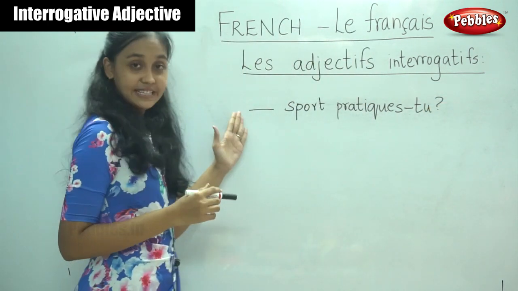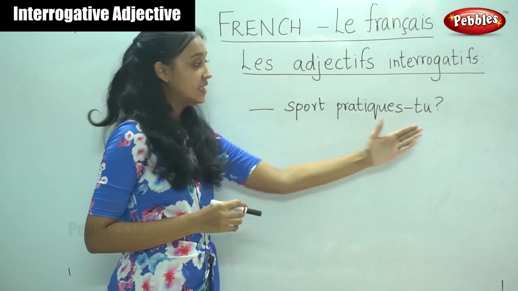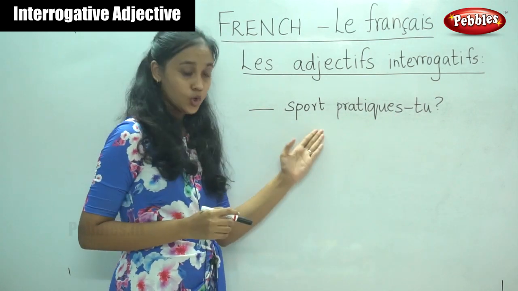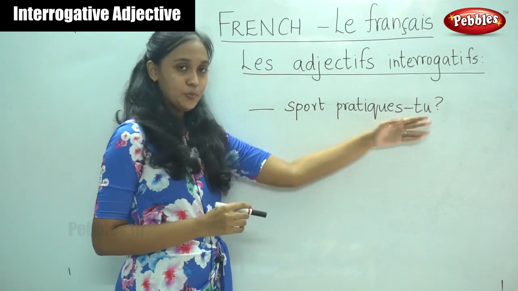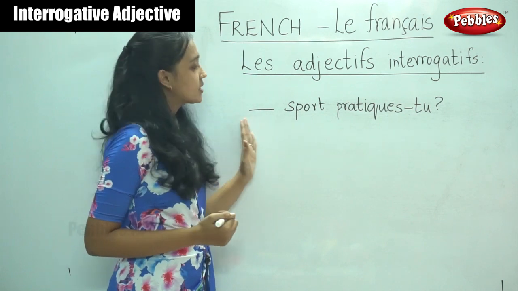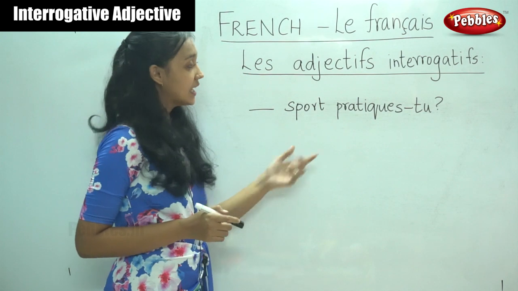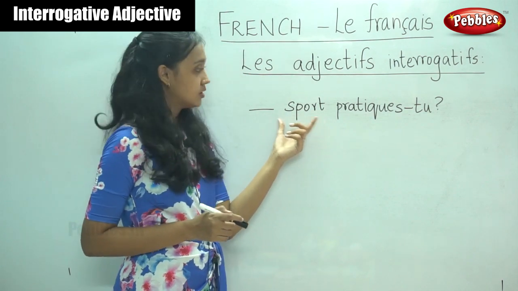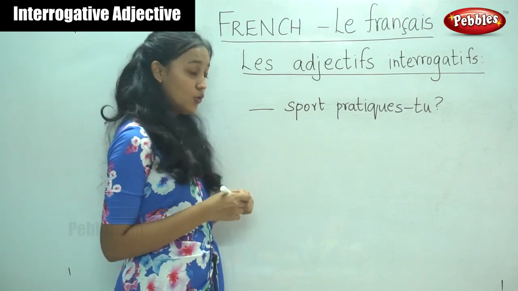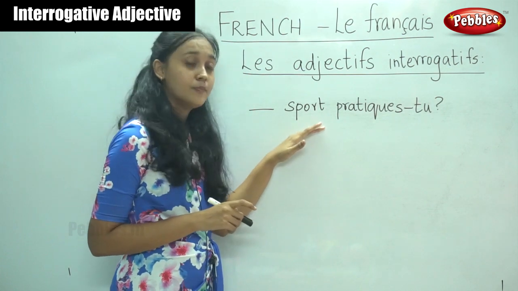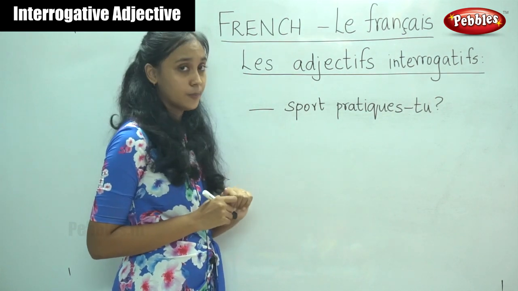So, dash sport pratiques-tu. Which sport or what sport do you practice? Now, we must identify the noun in this sentence. Which is the noun? Yes, it is sport. Which sport? Now, is sport in the masculine or feminine form?